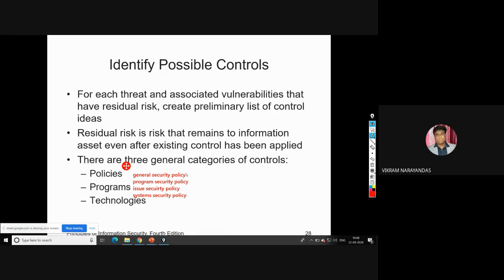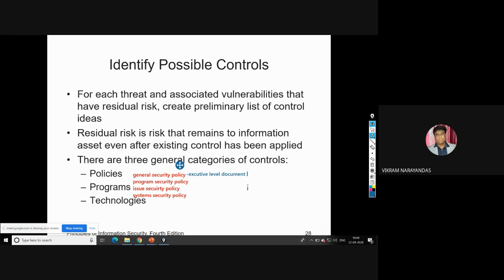So what are general security policies? These are executive level documents, maybe from champions, team members, or upper management people, that outline the organization's approach towards information security.